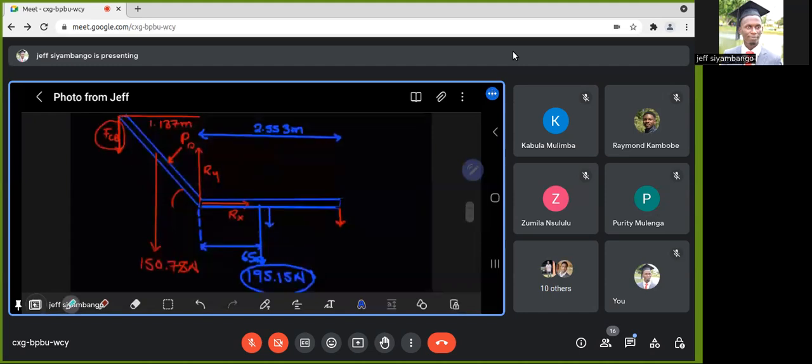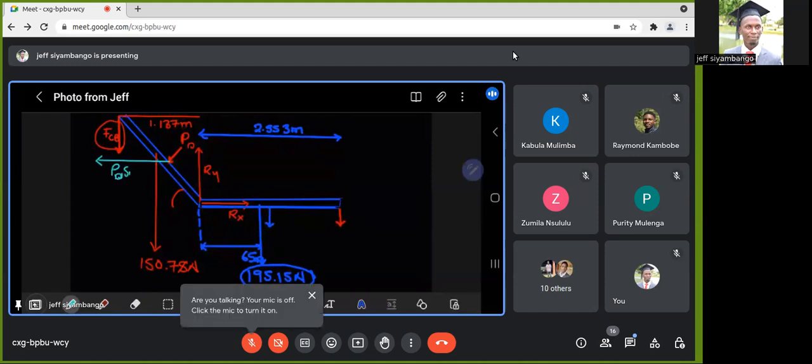And instead of PD, I'll now replace PD with two components. One component will be a horizontal component like this. And we saw that the horizontal component was given by PD, I keep writing F, this was given by PD sine theta.